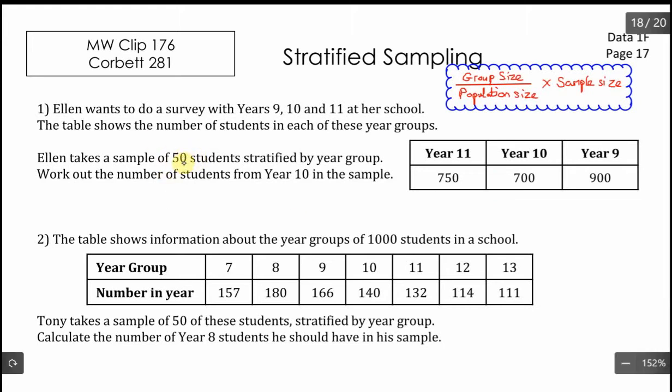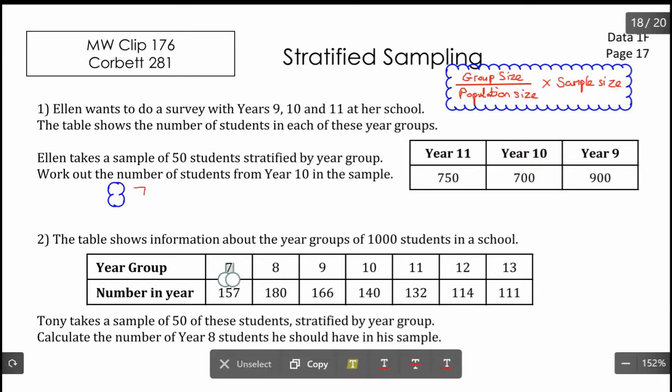And that's what stratified sampling means. It just means that the proportions within the sample match the proportions within the population, the year group in this case. The whole school. So we're just going to use this equation. We're interested in students from year 10, so that's the group size of 700. The population size is all of these added together.